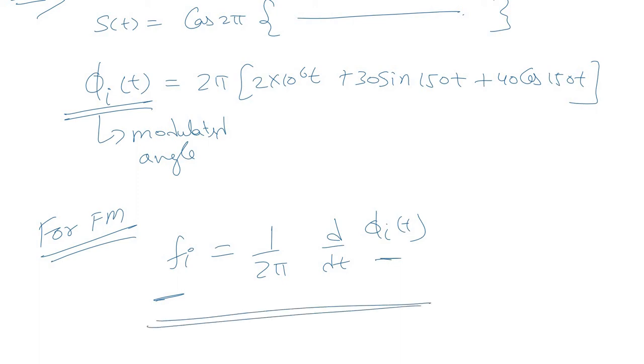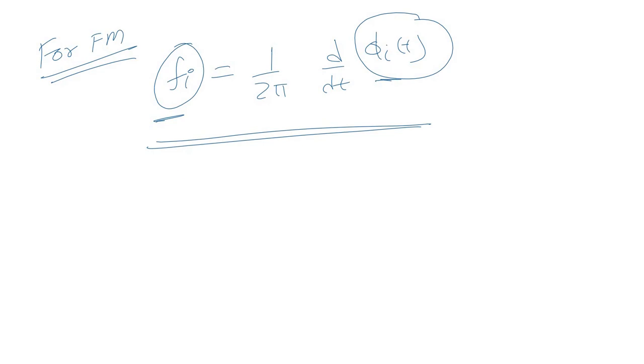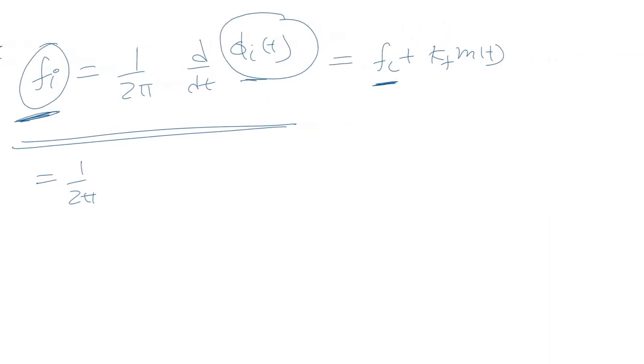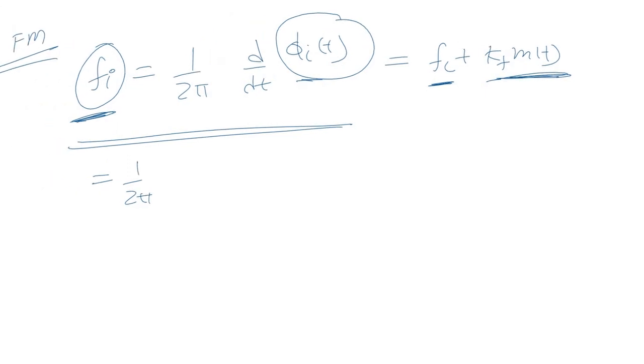Always remember that Fi in case of FM is Fc plus Kf into m(t), because the frequency changes in accordance with the message signal, where Fc is the original carrier frequency.